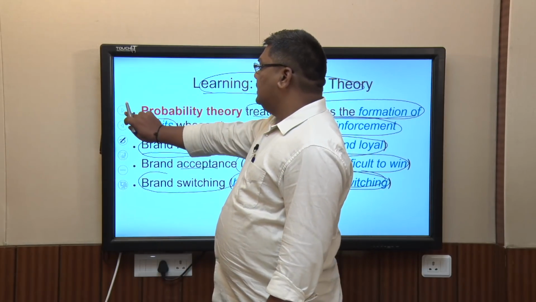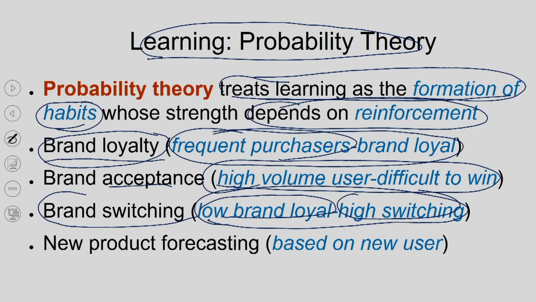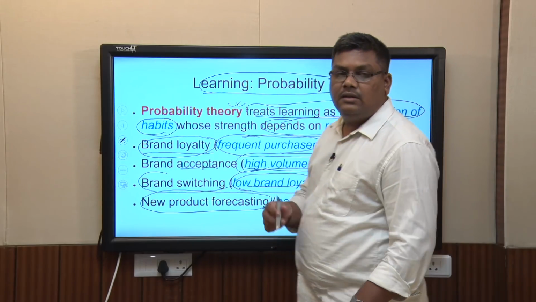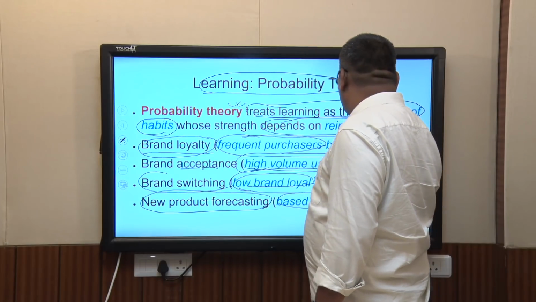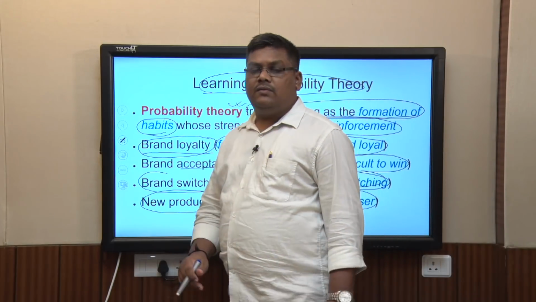And the fourth factor that we can be aware of here is something called new product forecasting. Probabilistic theories also predict the success of a new brand, and that is based on the new users.